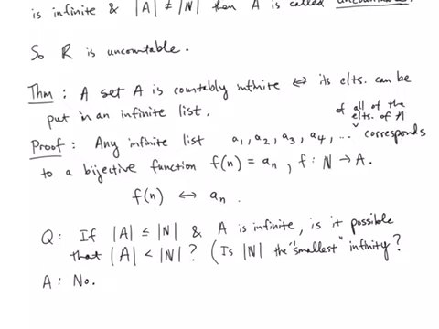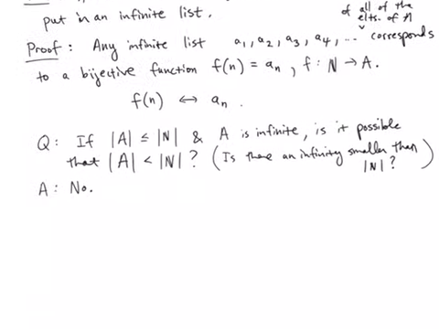Or, I guess this question is saying, is there a smaller infinity than that? So I should be more precise. Is there an infinity smaller than the cardinality of the natural numbers? And the answer is no.